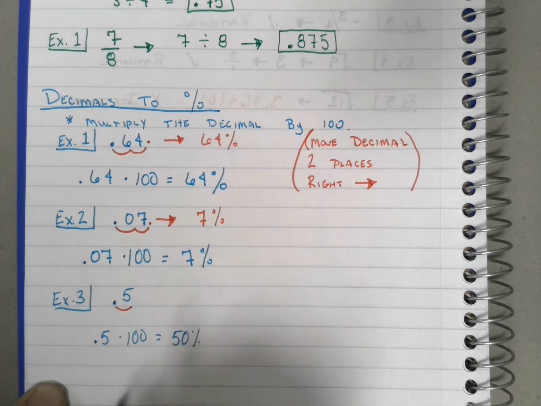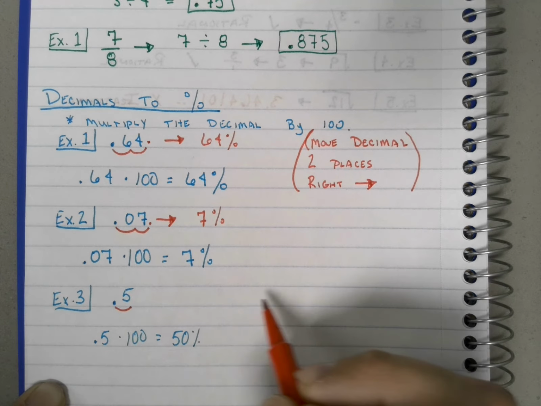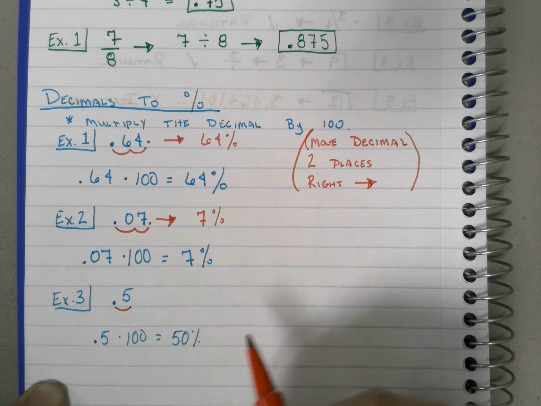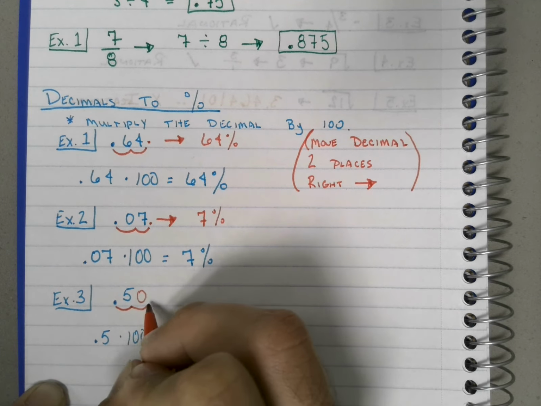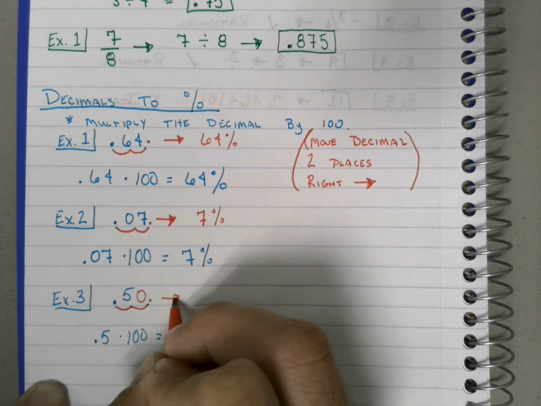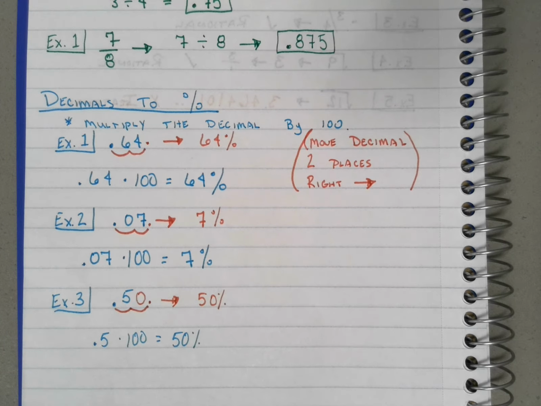They move it and it's, well, Mr. Reed, there's nothing here to move it again. You add a placeholder, okay? You can always add zeros to the right of a decimal, okay? So I'm going to add a 0 here as my placeholder. Move your decimal 1 more spot, and again, it'll give you 50%, okay?